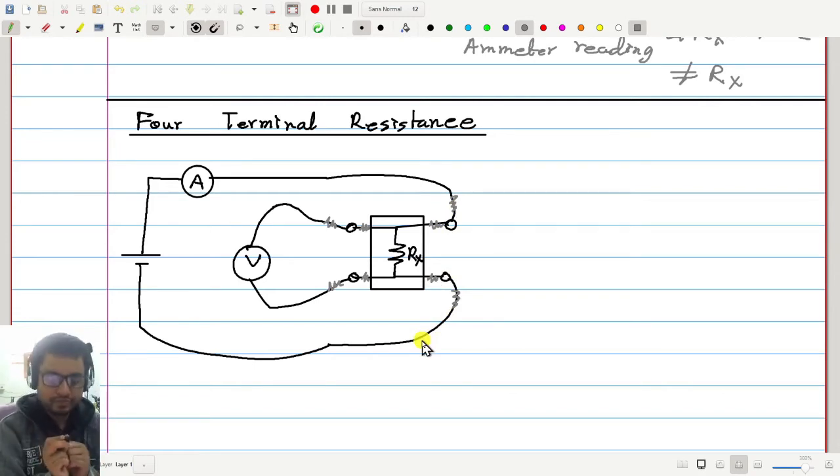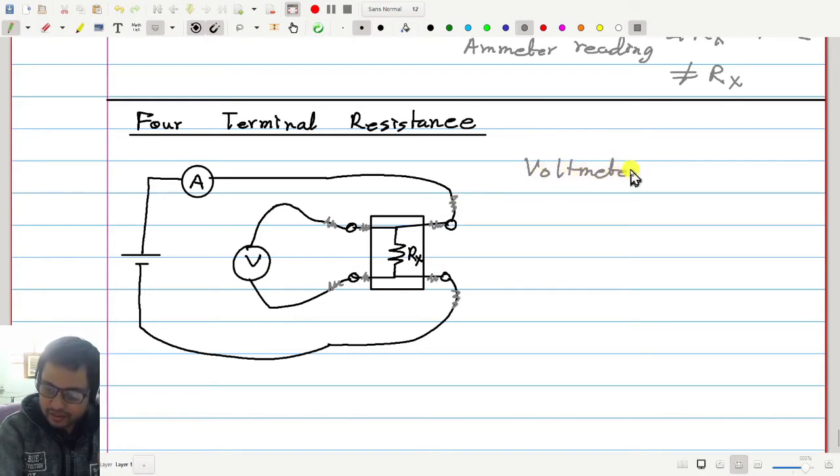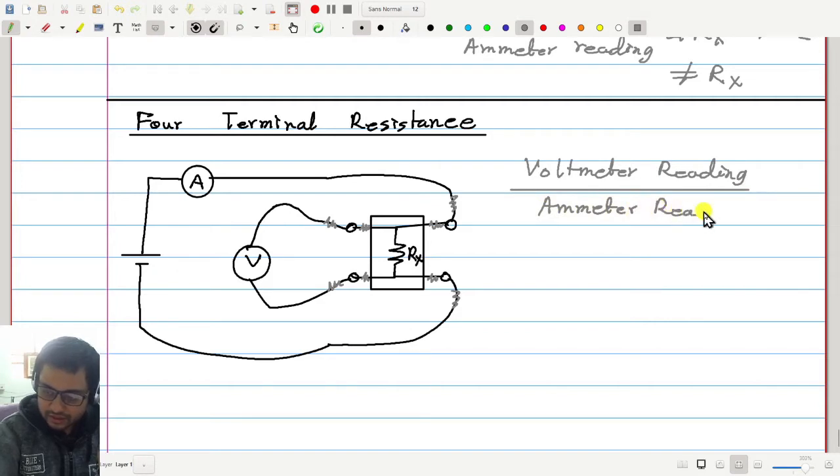But now you observe, if I measure voltmeter reading by ammeter reading, my claim is this will be very well approximated to Rx. Why?